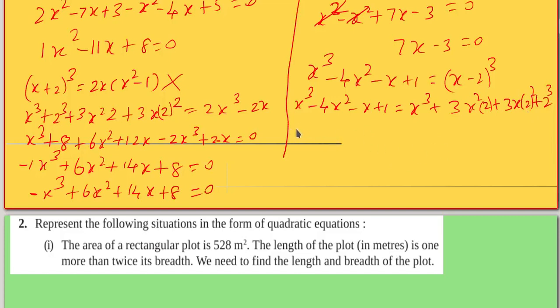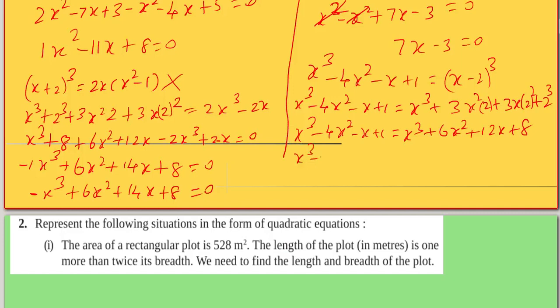So what will we get? x cube minus 4x square minus x plus 1 is x cube minus 6x square. 3 2s are 6, 6x square. Here 4 3s are 12, plus 12x, minus 8. Now bring everything to one side.